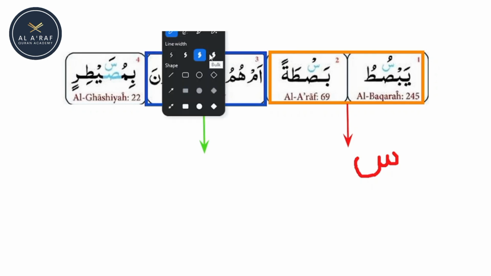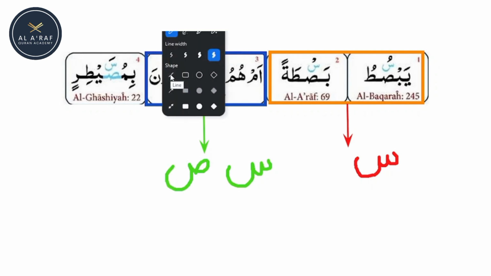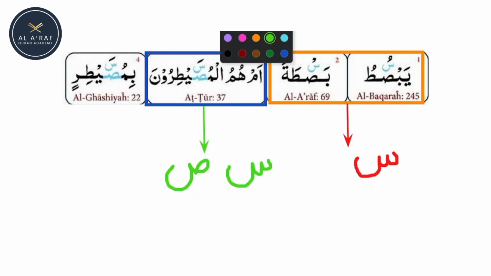If you want to read it with seen, you can read with seen, and if you want to read it with sword, you can read it with sword. It totally depends upon your choice. You have both choices here.